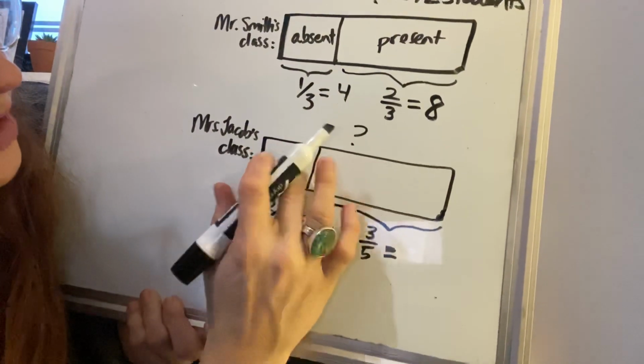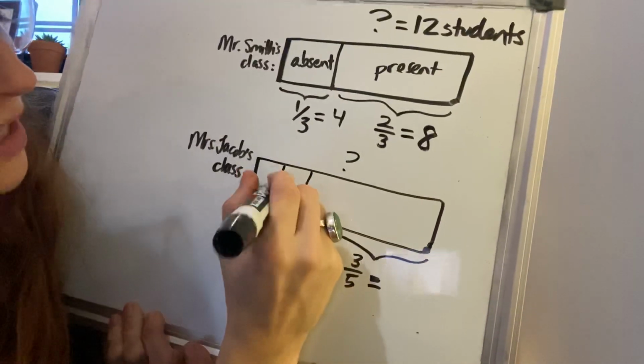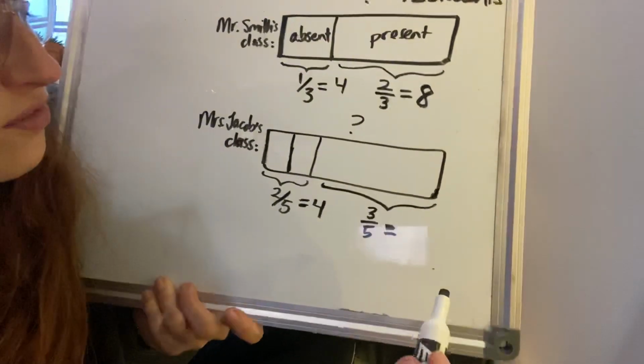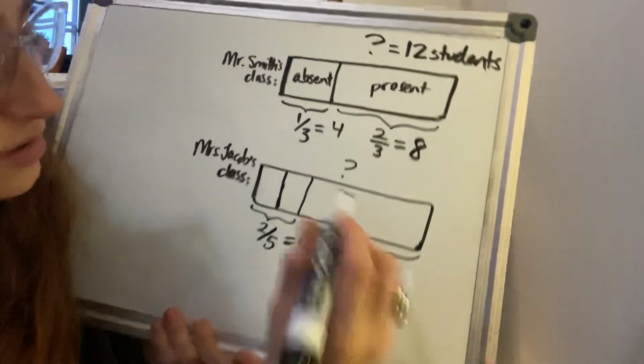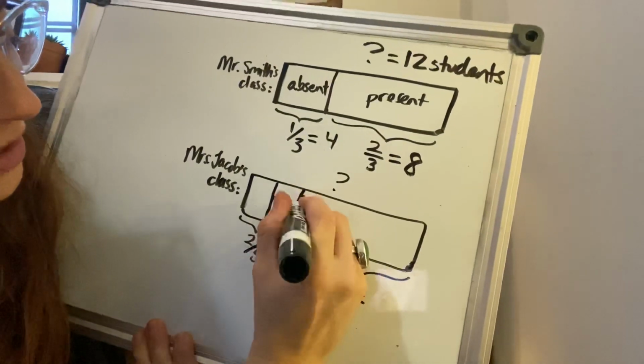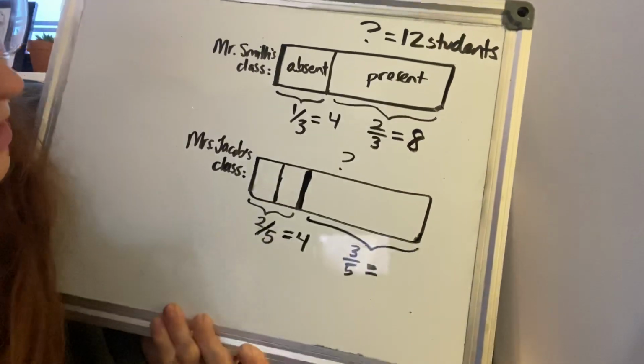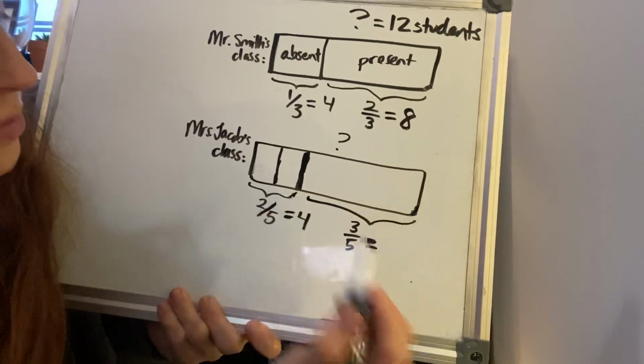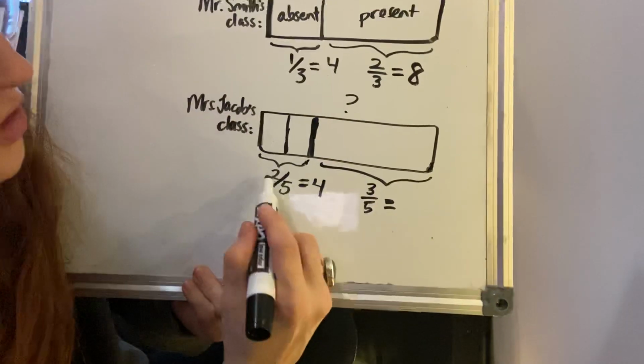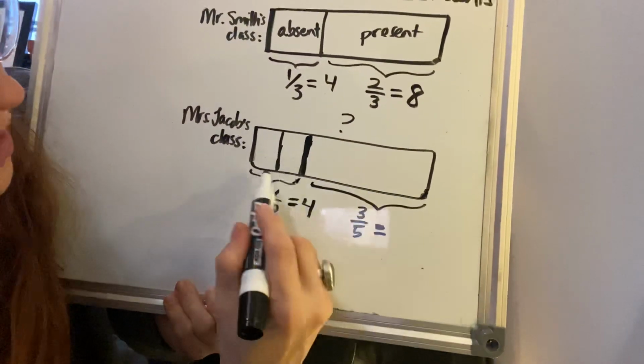Let's erase that for a second. You can see we have represented our fraction model with parts. Okay? So let's draw a nice thicker line here so we can see just what we're talking about. 2/5. Let's break this up.